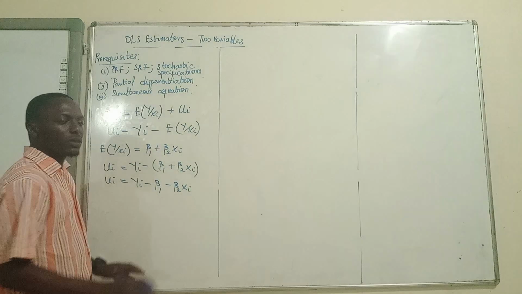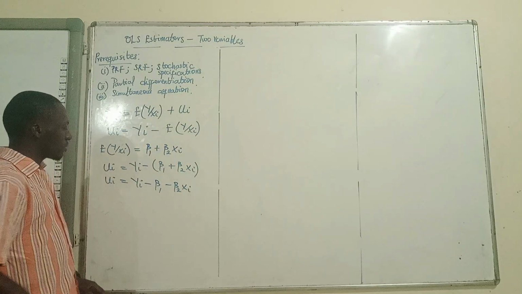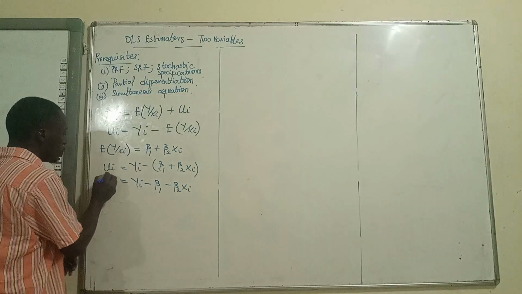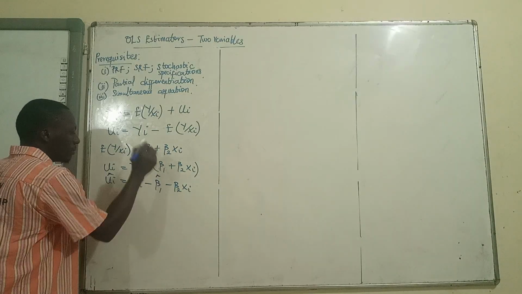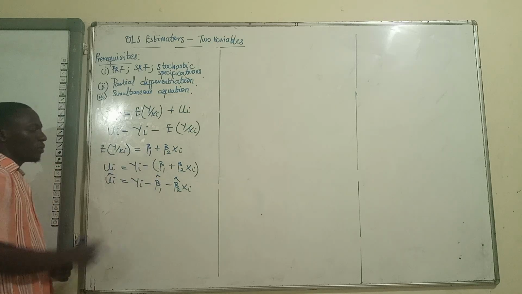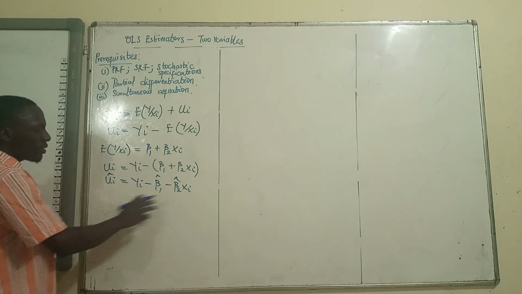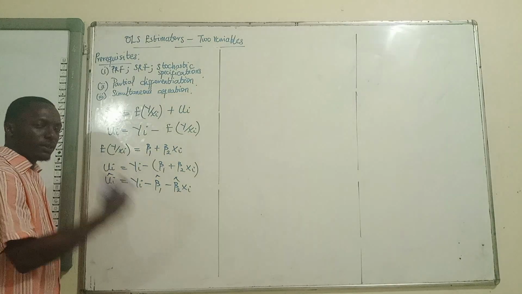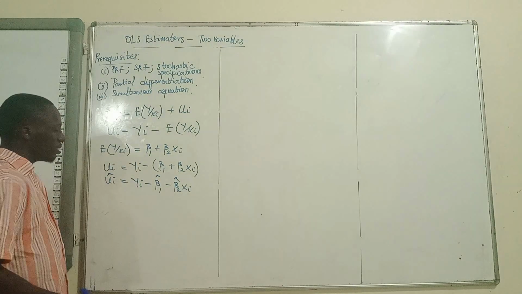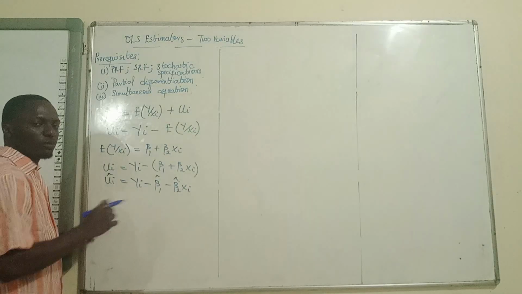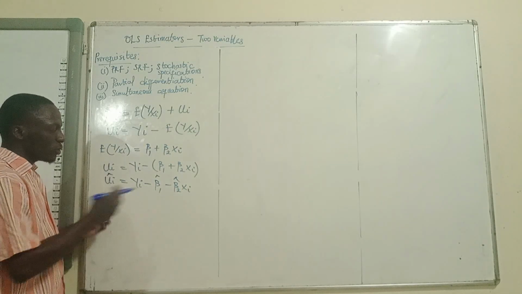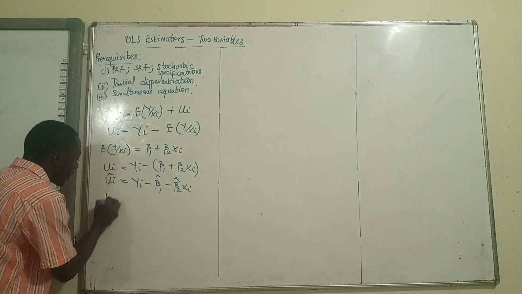Given that we are working with estimators, we are trying to derive the estimators, so we use ui cap, beta 1 cap, beta 2 cap, while we leave the other two variables like that. From everything we have here, the next step is we find the summation of the squares of both sides. That is, I find my ui cap square.